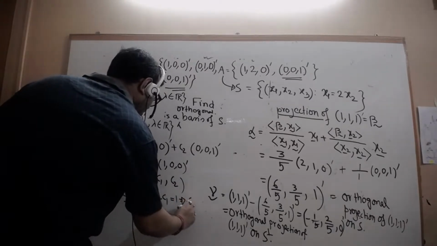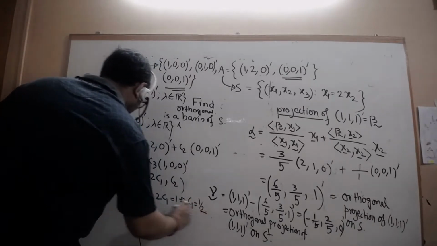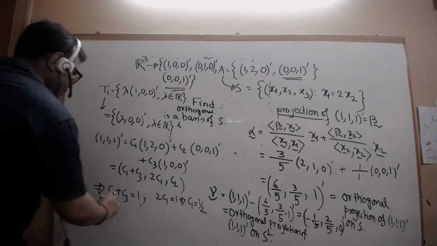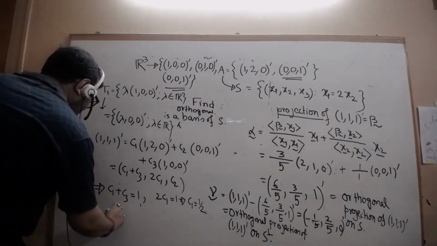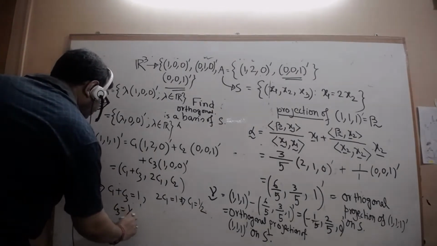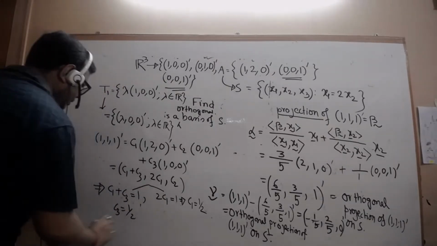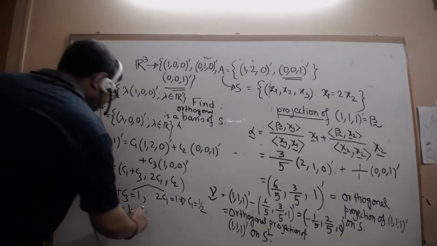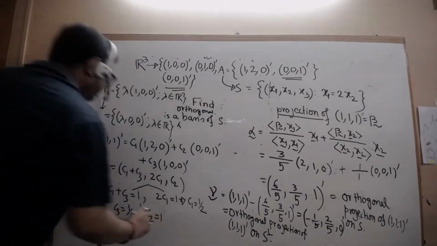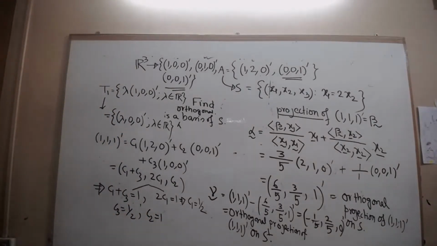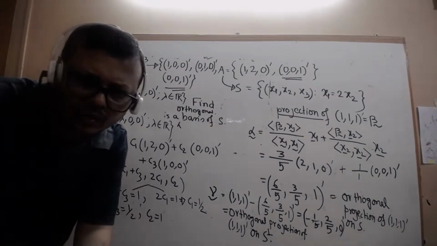This means C1 equals half, C3 equals half using these two, and C2 equals 1. So we get C1 equal to half, C3 equal to half, C2 equal to 1.